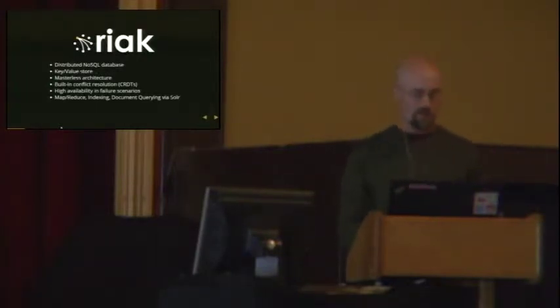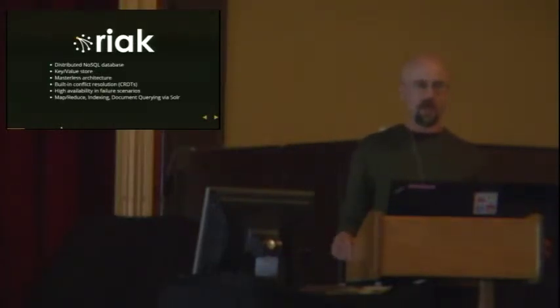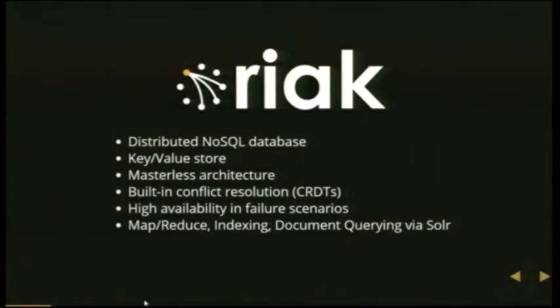Okay, I want to talk just briefly about what Riak is. It's a distributed NoSQL database that acts mainly as a key value store, with a masterless architecture that runs on anywhere from 5 to hundreds of nodes. Our newest release has built-in conflict resolution so that, depending on the type of data you're storing, the database will resolve conflicts for you should writes happen at the same time.